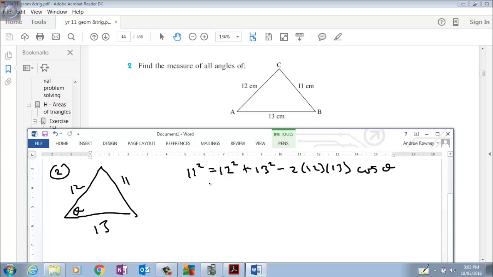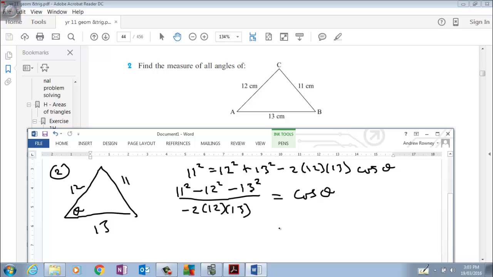So we're going to do 11 squared, we're going to take 12 squared over the other side, we're going to take 13 squared over the other side, and then because all of this minus 2, 12, 13 is multiplied by cos theta, then we have to divide by all of that, minus 2, 12, 13. That all equals cos theta. So we subtracted the 12 squared, the 13 squared and divided by that whole product.